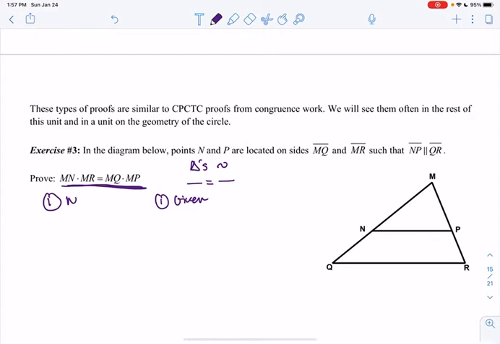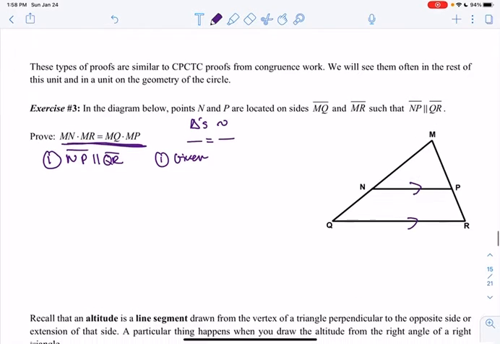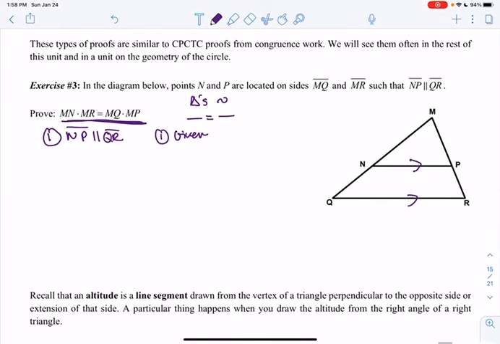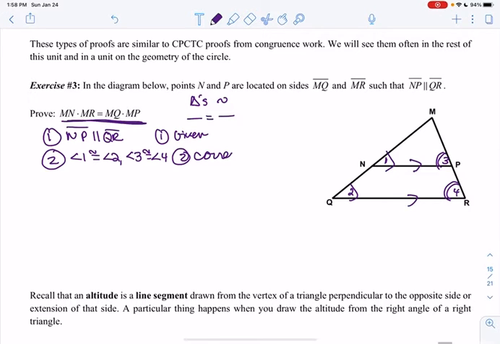So in the two triangles I have here in exercise 3, I know that NP is parallel to QR. If they're parallel, then angle 1 and angle 2 are congruent. Those are corresponding angles. And angle 3 and angle 4 are congruent. Those are also corresponding angles. Corresponding angles are congruent.